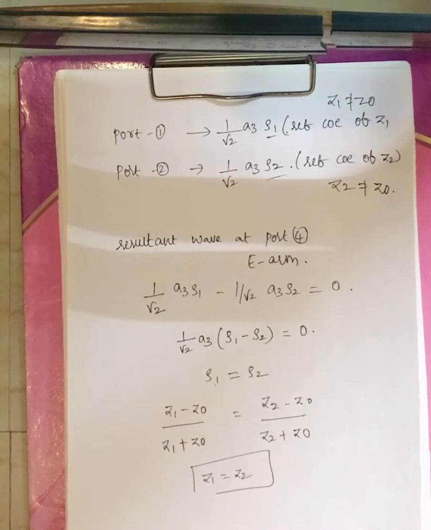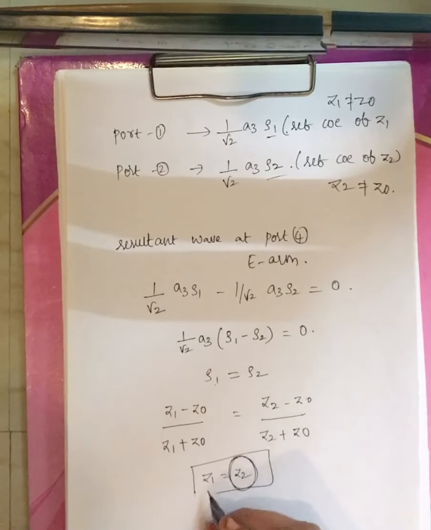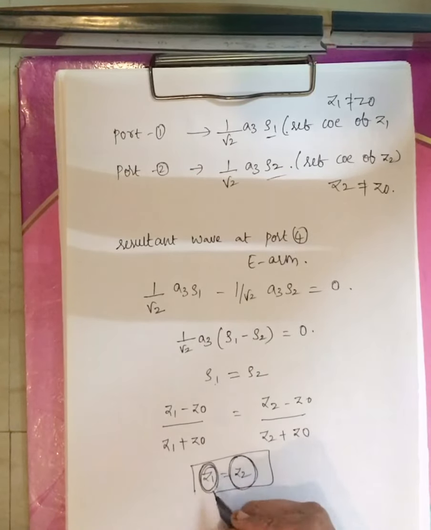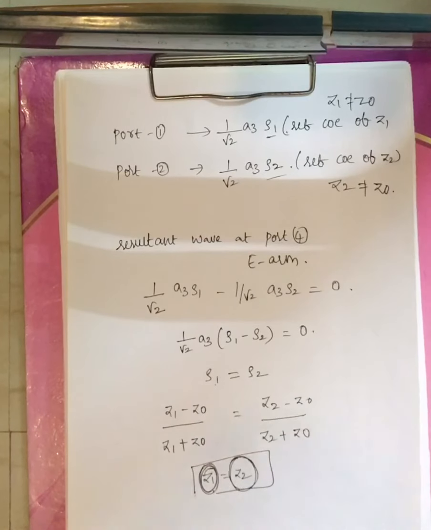Thus the unknown impedance can be measured, right? This particular unknown impedance can be measured by varying the standard variable known impedance, and both impedances you will get as equal, right? Now Z1 equals Z2 you are getting.